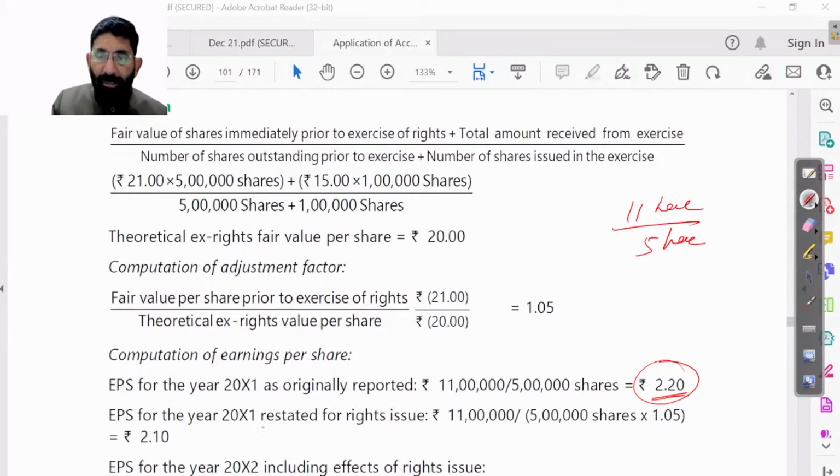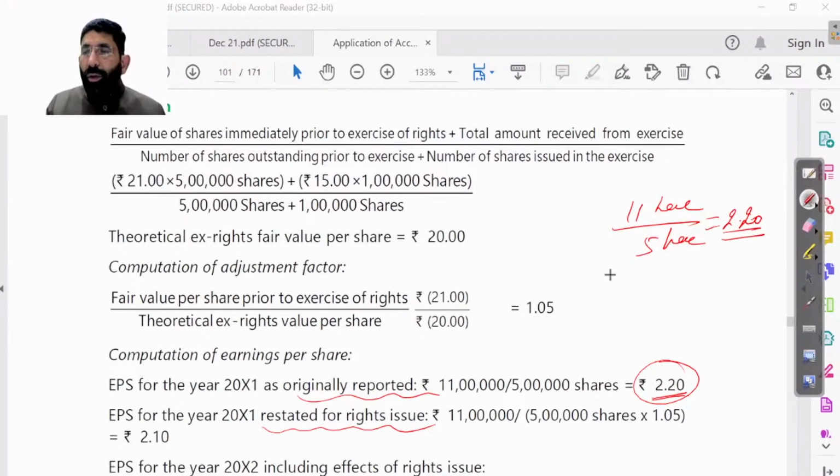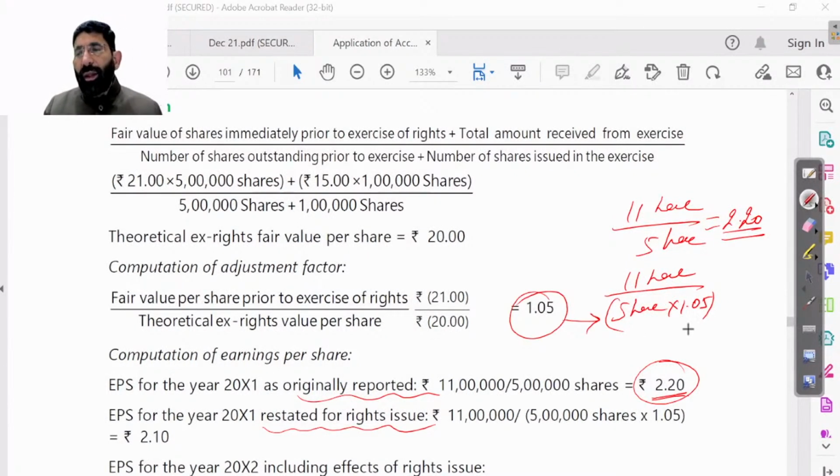This is to be restated. First of all, you have to calculate the original reported. So we have reported earlier that it was 2.20. Now it is re-reported. Number of shares will change by multiplying with the adjustment factor. So now it is to be recalculated as 2.10. That's it. So this is regarding last year.